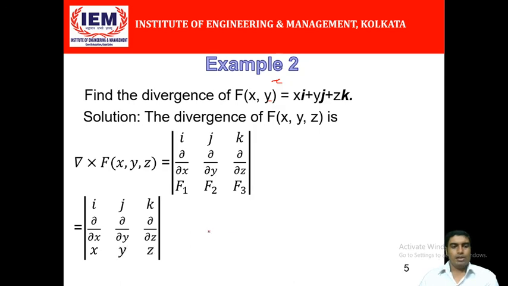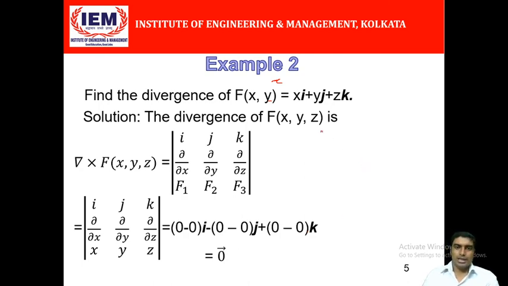Now we find the determinant. When I partially differentiate this one with respect to y, it will be 0, this is also 0, and similarly for j it is 0. Ultimately it's a zero vector. Therefore we can say this vector f of x y z is irrotational.